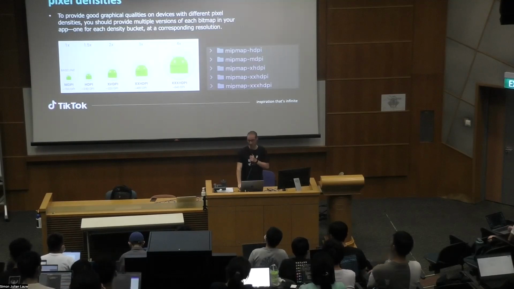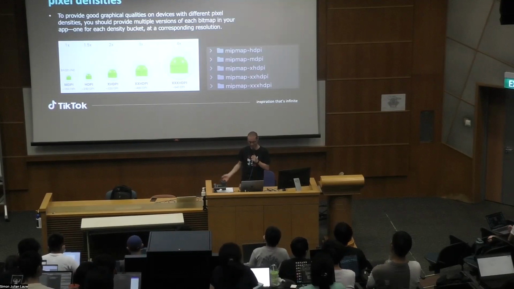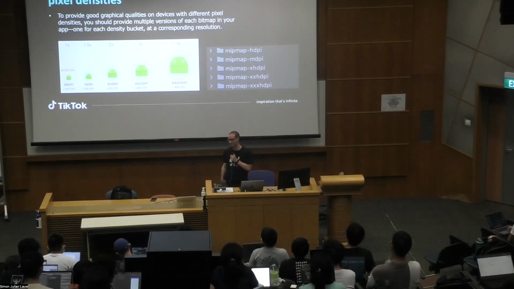So for your hackathon, just try to use vectors. There is a bunch of vector assets that you can find for free, without any need to pay anything, and they look very good in your application.